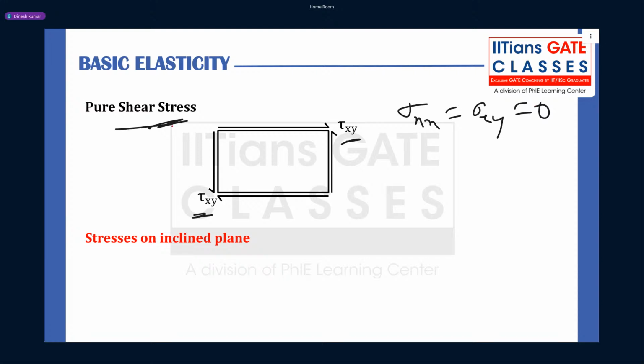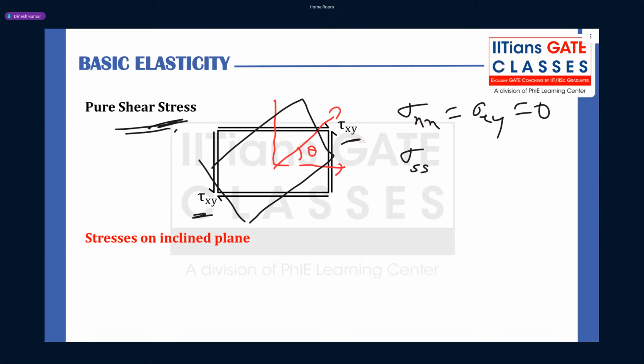Okay, and guys, pure shear case is what? You know, torsion of shaft, right? Torsion of shaft is a case of pure shear. So you can see there is only tau xy. Now I am taking one rotated element which is at some angle theta. Tell me, in this new rotated element, will there be normal stress or not?